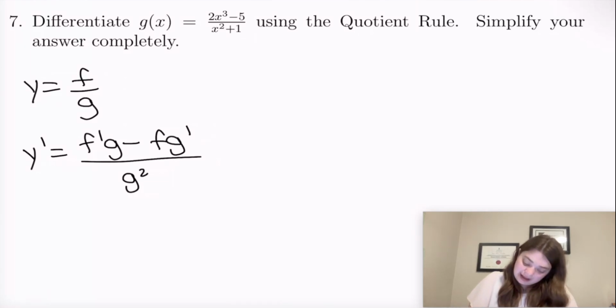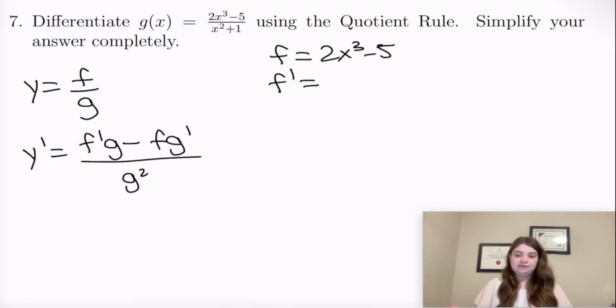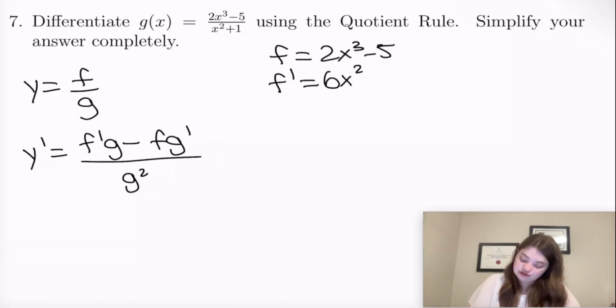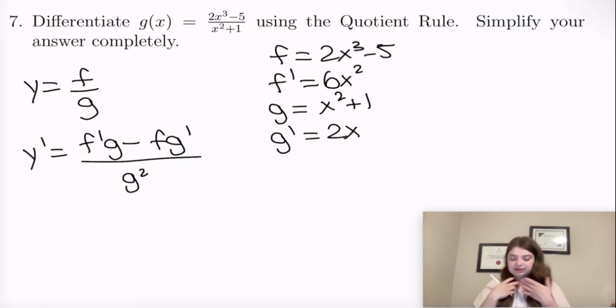Okay, so f is equal to 2x cubed minus 5, which makes f prime, the derivative of f, equal to 6x squared, because the constant there, the negative 5, just goes away. And then we have g is equal to x squared plus 1. And so the derivative of g is going to be 2x, and that 1 just goes away once again.